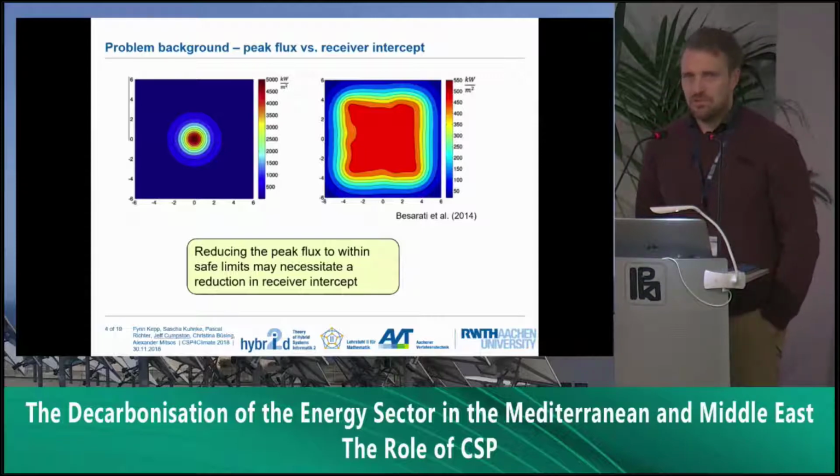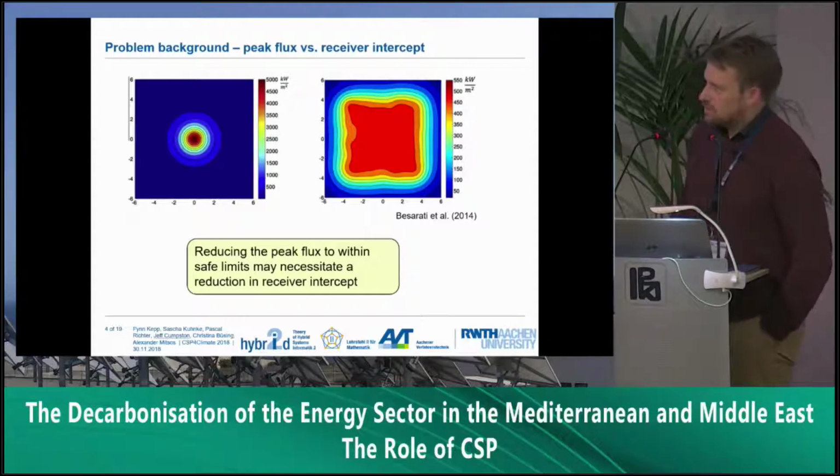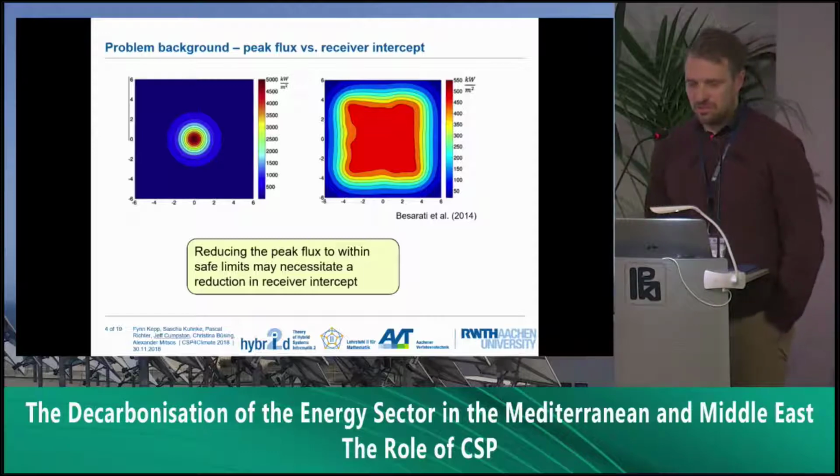Well, when we have a field of heliostats and pointing them to a receiver, we have the freedom of choice to choose how we point the heliostats to the receiver. So we have one extreme case on the left-hand side, which is when we point the heliostats all at the center.